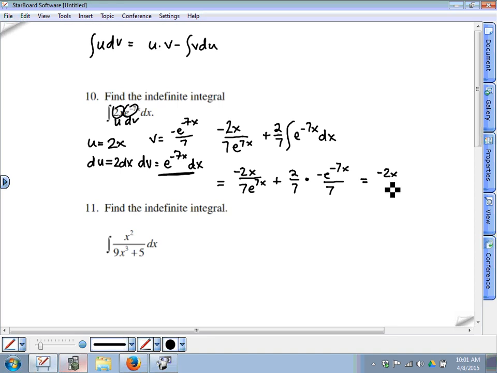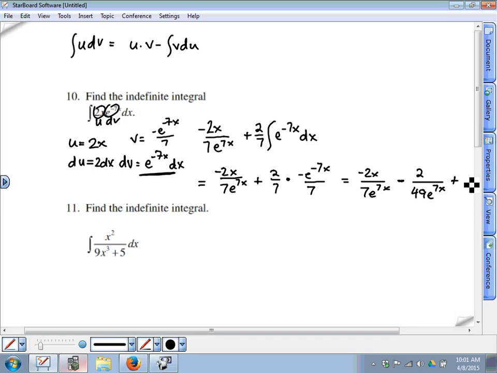We have negative 2x over 7e to the 7x minus, plus c.